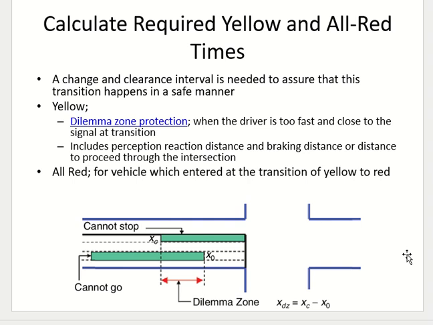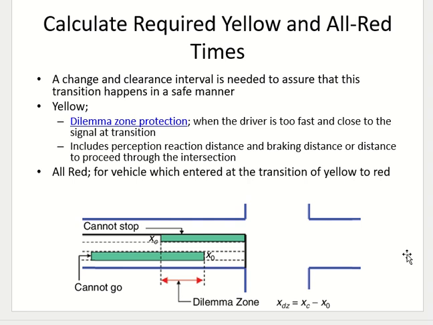What is the dilemma zone? This one is called the dilemma zone. Drivers who are too far, when the signal becomes yellow or red for them, they don't dare to stop because they are already so far. Drivers who are too close are so close that they will not even try to stop.